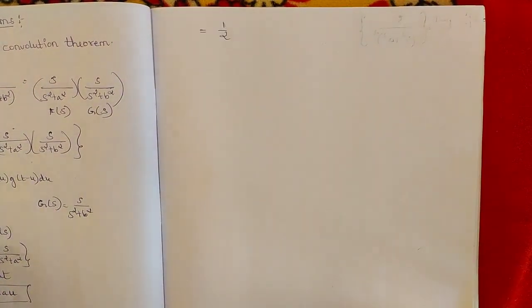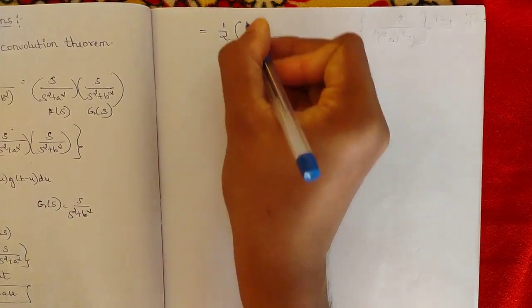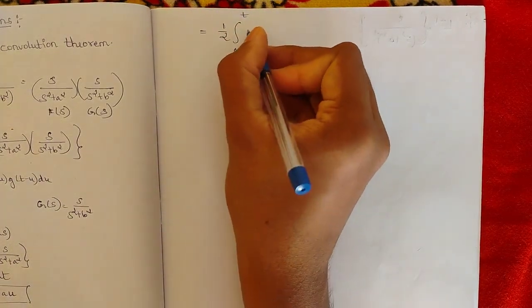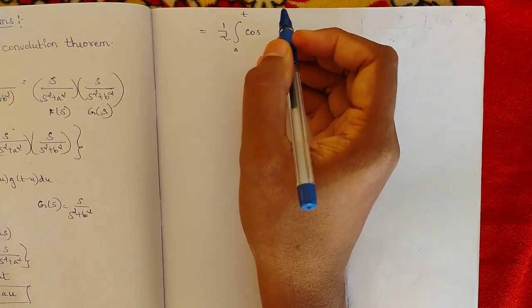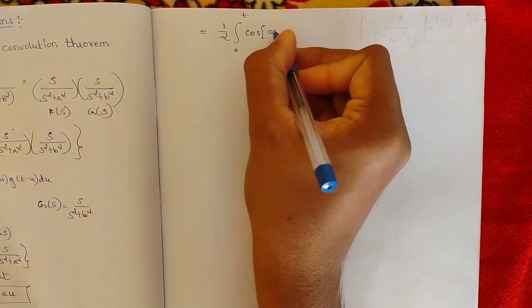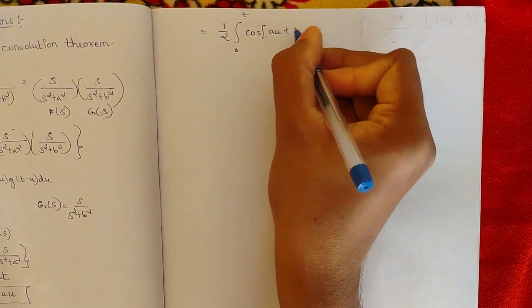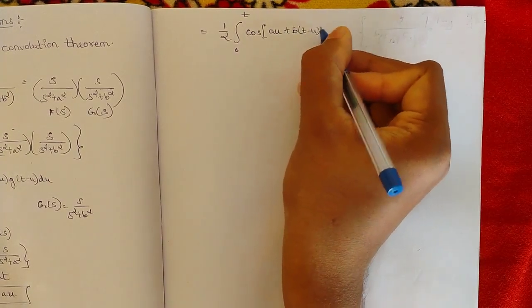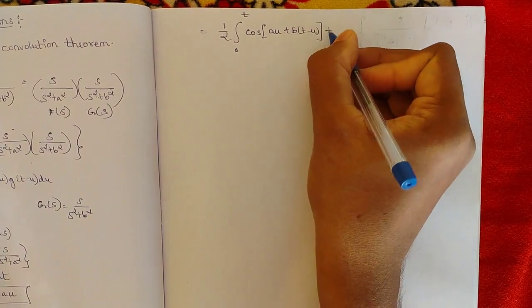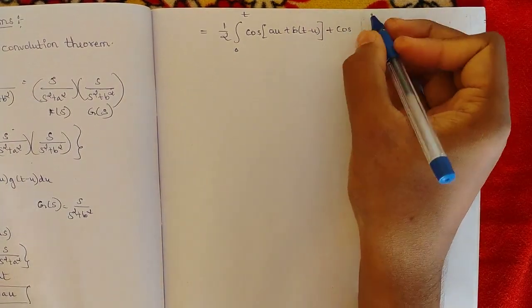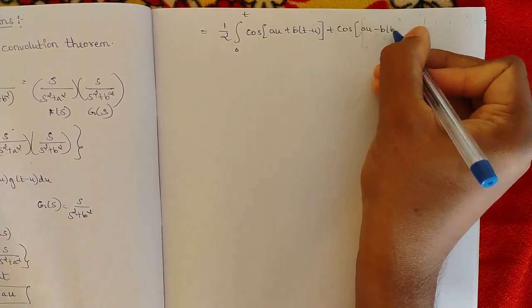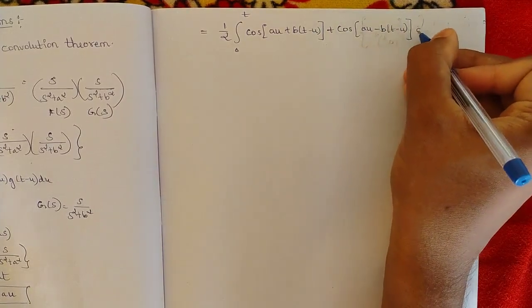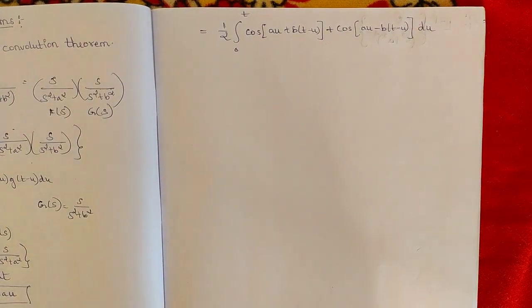That is, 1 by 2 integral from 0 to t of cos of (a plus b), that is au plus b into (t minus u), plus cos of (a minus b), that is au minus b into (t minus u), du.